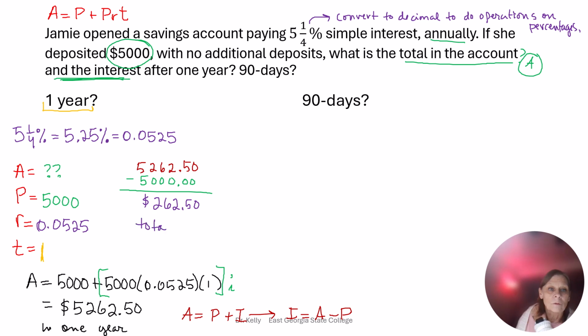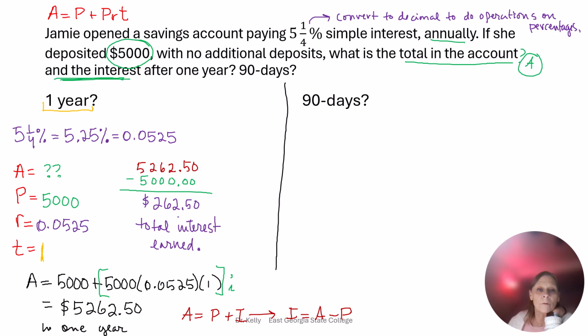Total interest earned, because this is a savings account, so they're getting the interest. They're not paying interest, they're getting paid interest from the bank. The bank's borrowing money from them.